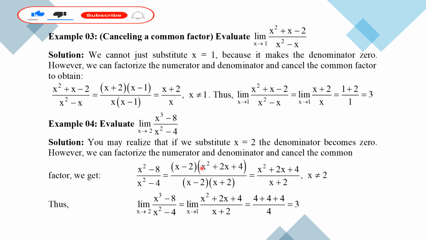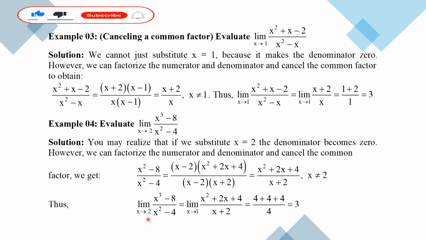So x cube minus 8 is x minus 2 times x square plus 2x plus 4, by the formula a cube minus b cube. And x square minus 4, by the formula a square minus b square, is x minus 2 times x plus 2. The x minus 2 will cancel, and you will have x square plus 2x plus 4 over x plus 2, with x not equal to 2. So the denominator is no longer 0 at the given number.